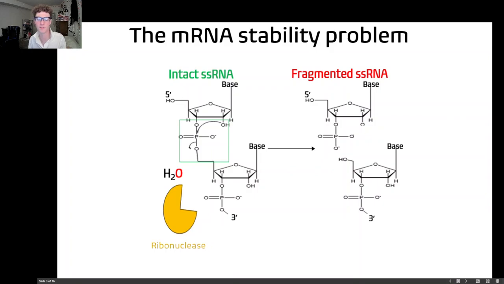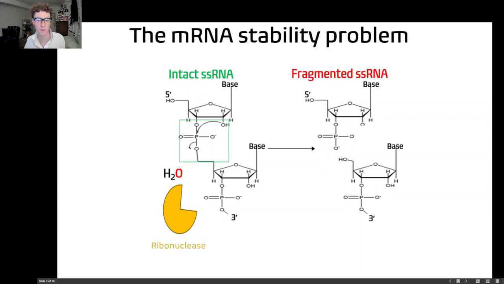Why haven't we done this before? Why are we struggling to do it now? mRNA is inherently unstable. This is because, unlike DNA, if you know it's deoxyribose, deoxy meaning this 2' hydroxy right next to the phosphate group on the left in the green square, is just a hydrogen.